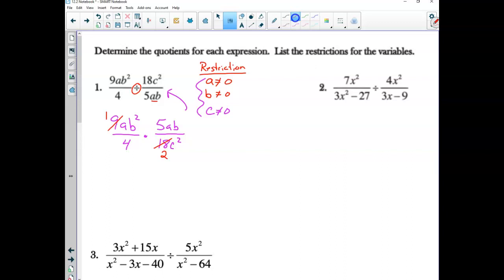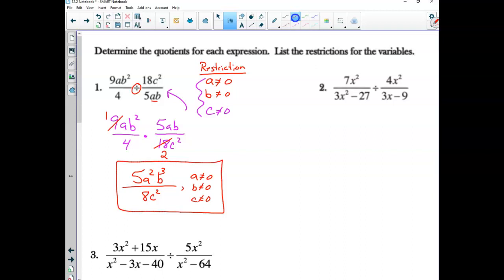So I'm thinking I have 1 times a times b squared times 5 times a times b, thinking that's going to give me 5a squared b cubed over 8c squared. And then I look at that, no common factors in the top. Then I'm going to say a cannot be 0, b cannot be 0, c cannot be 0, and I am going to list my restrictions with my final answer, all right?